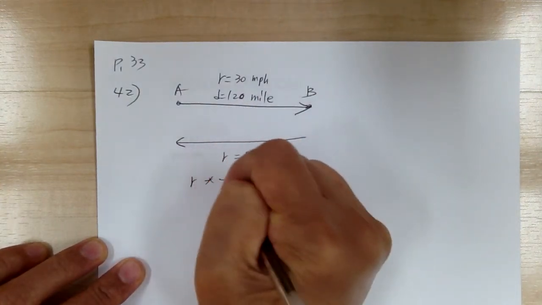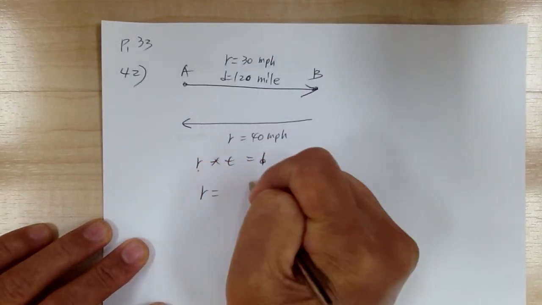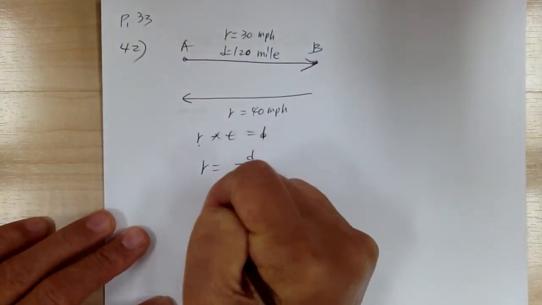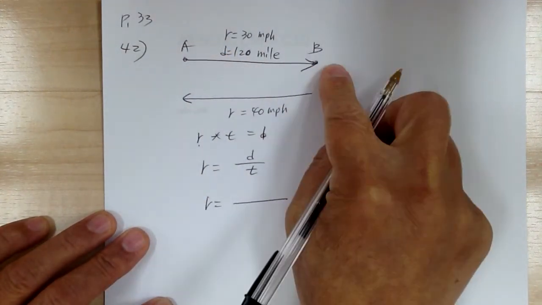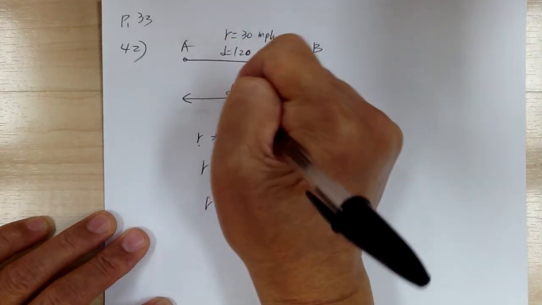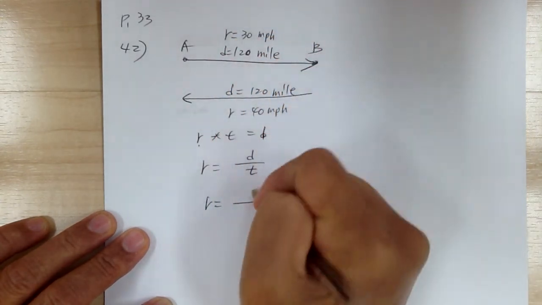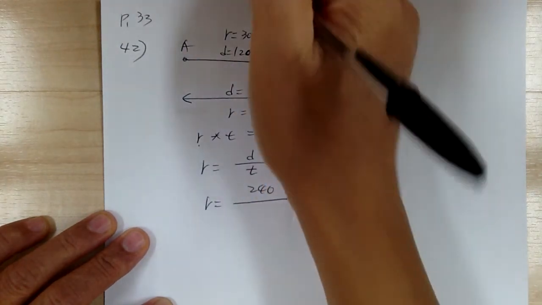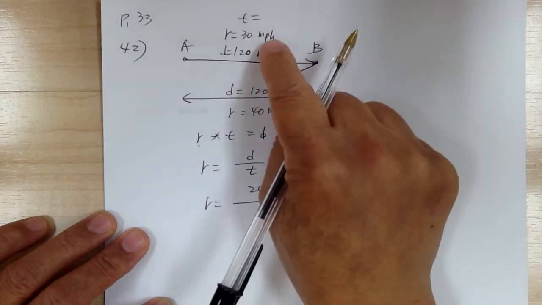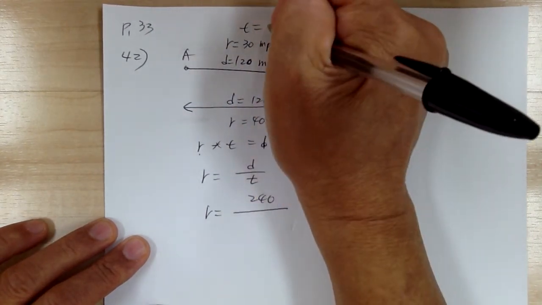So R times time equal to distance. You're looking for average speed, so R equal to D divided by T. For D, you have to use the total distance. So you're going 120 miles this way, 120 miles coming back, so the distance would be 240. And the time, we have to figure out the time. Over here, at 30 miles per hour for 120 miles, the T will equal 4 hours.